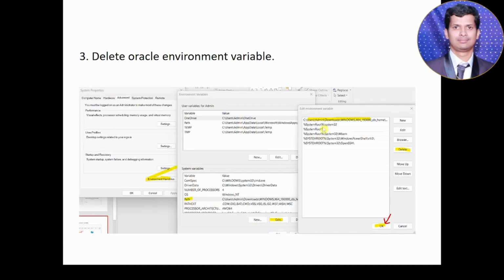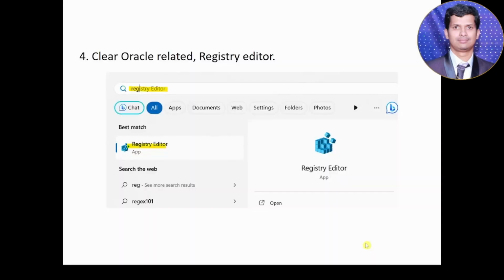It will open a new window, where you will find the Oracle install related path. This is the Oracle path for 19C, something like 19 db home. Delete this and click OK. It will be deleted.